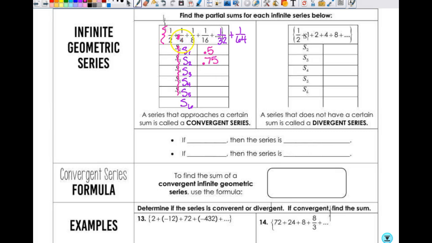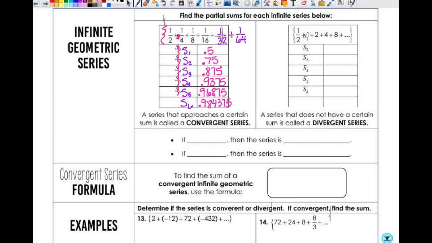Now add 1/8: 0.875. Then add 1/16: 0.9375. Then add 1/32: 0.96875.